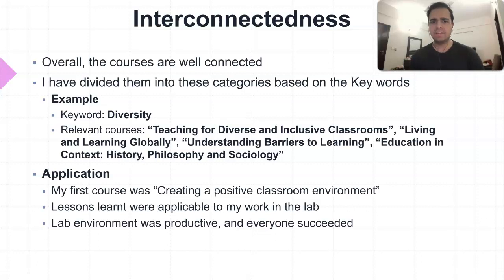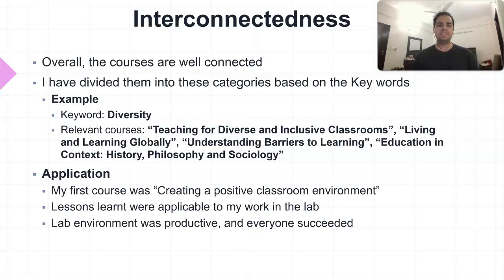Having these keywords is very helpful in creating a mind map and being able to recall all the information regarding a specific topic that has been learned over the course of these 12 courses.